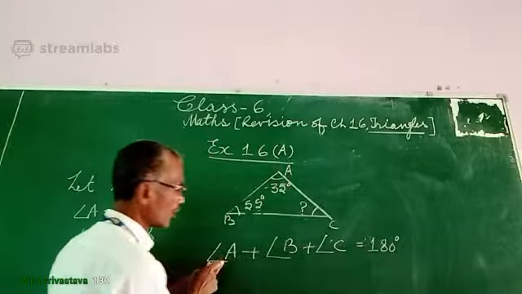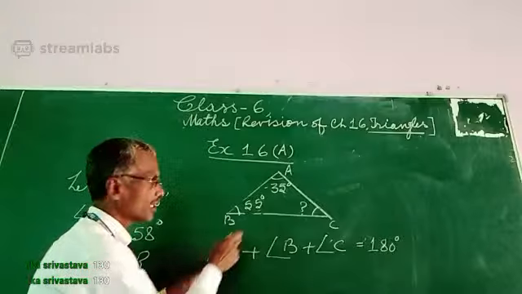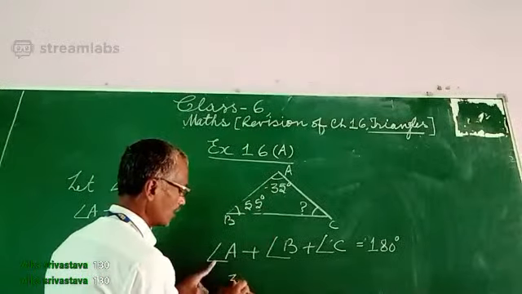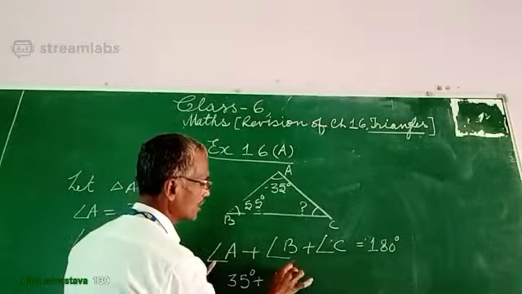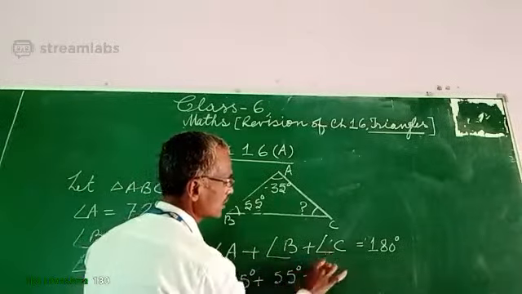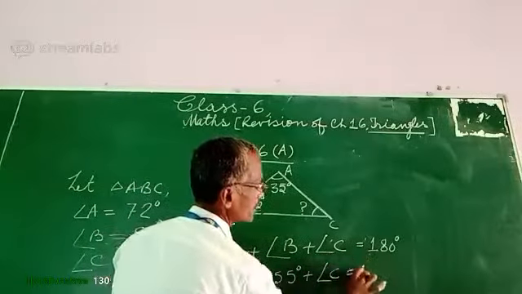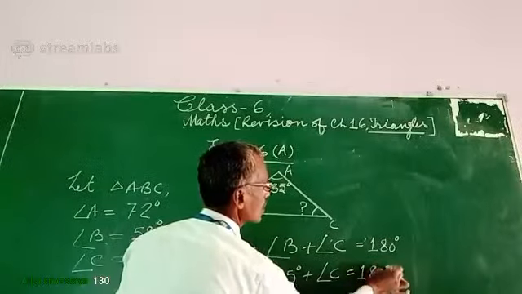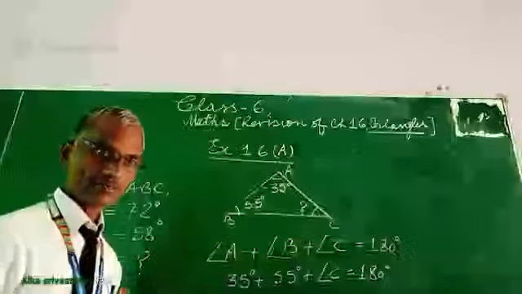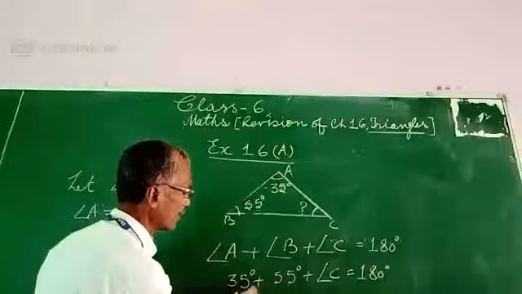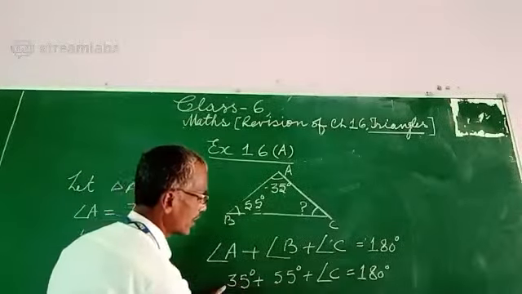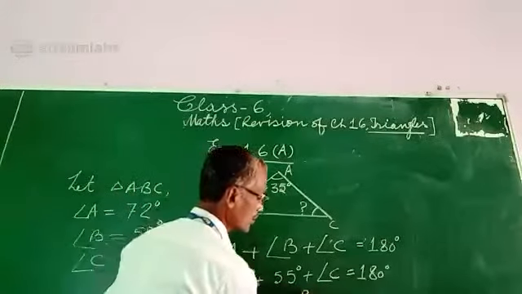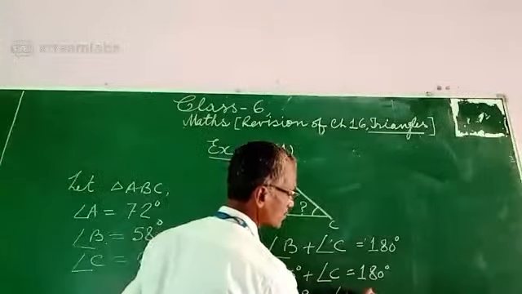Now put the values of angle A plus angle B plus angle C. Now solve. Look here: 5 and 5 is 10, 5 and 3 is 8, and 1 makes 9. So 90 degrees plus angle C.